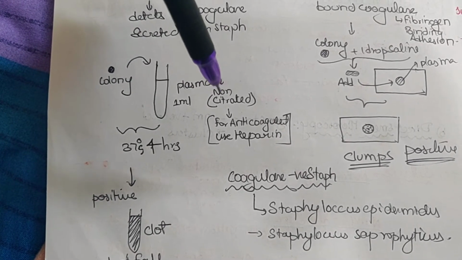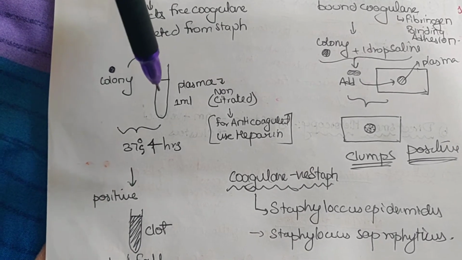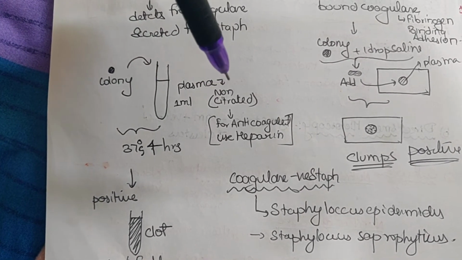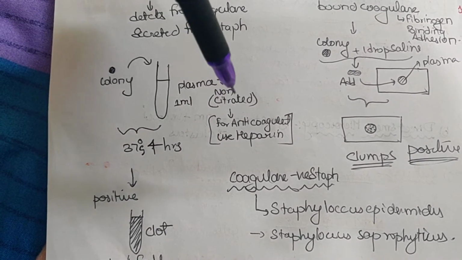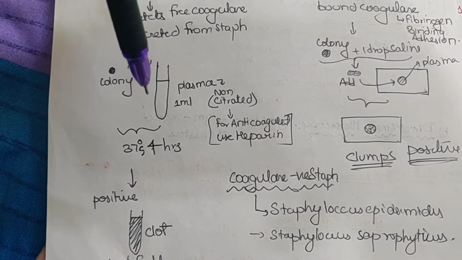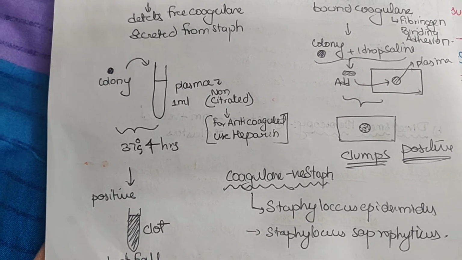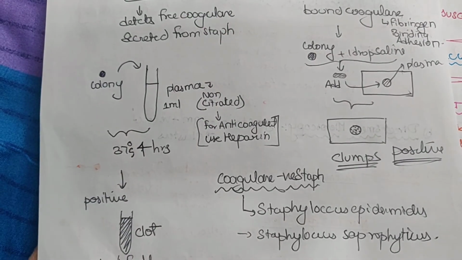We know the anticoagulants, sometimes we use citrated anticoagulants, but in this case we should not use it, because some of the bacteria will take up citrate, and it will process the reactions and form the coagulum, so that is not used. So we use heparin as an anticoagulant.